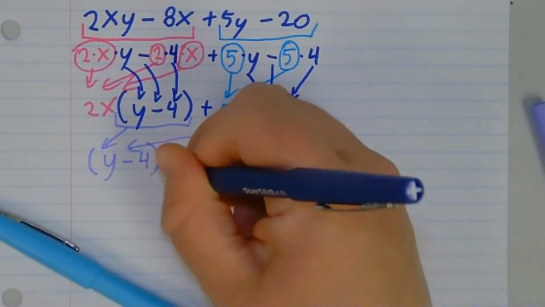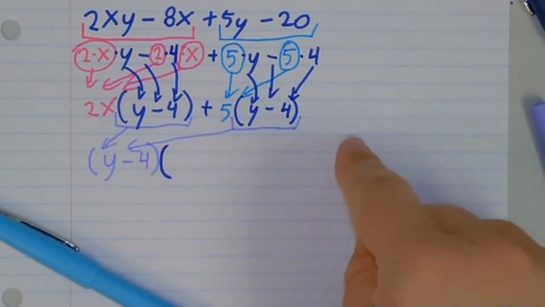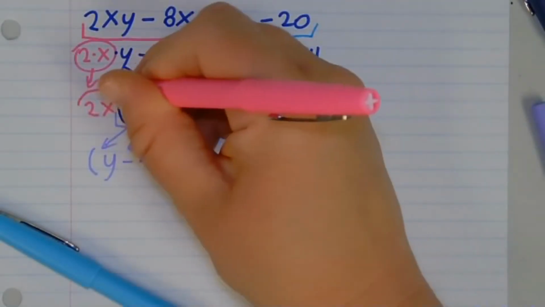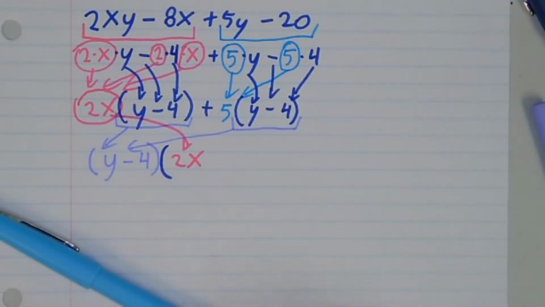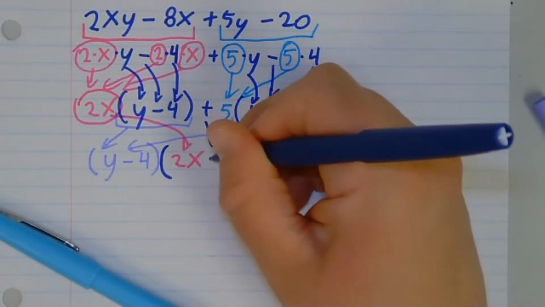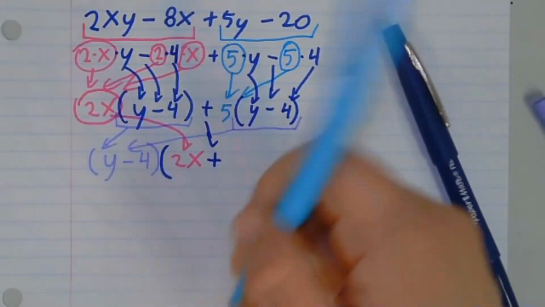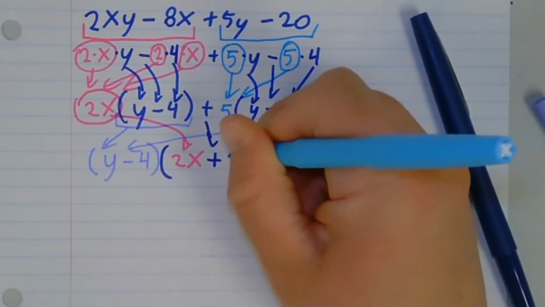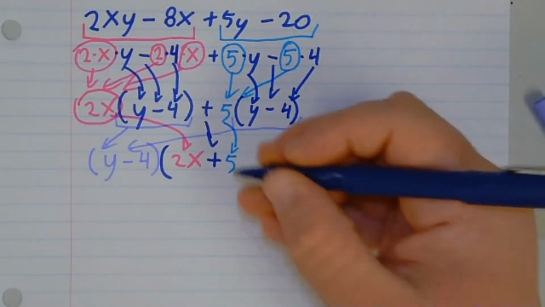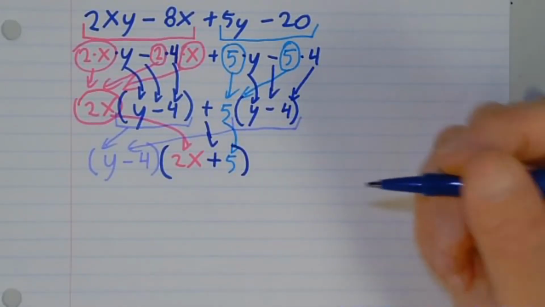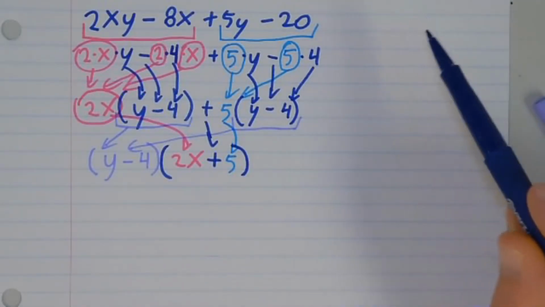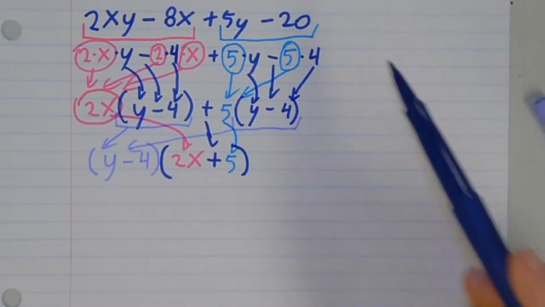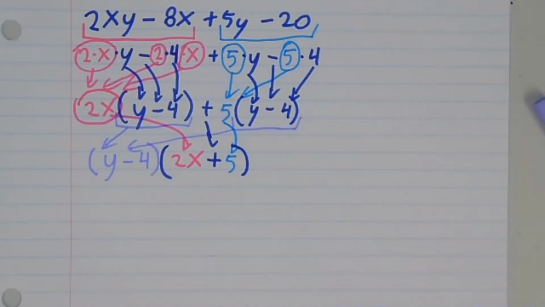And then what's left, after I've factored that y minus 4 out of each of these, is 2x plus 5. And then I've rewritten this as a multiplication problem. I've factored this polynomial. I could multiply it out and I would get the original thing back. I'm going to do 2 more examples.